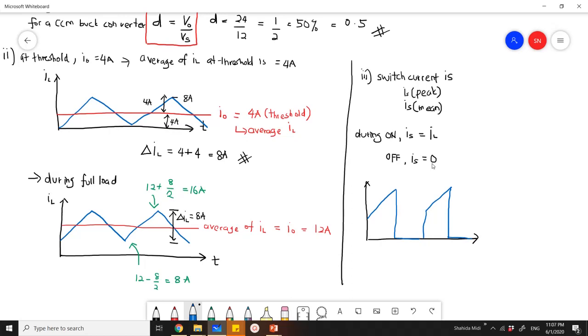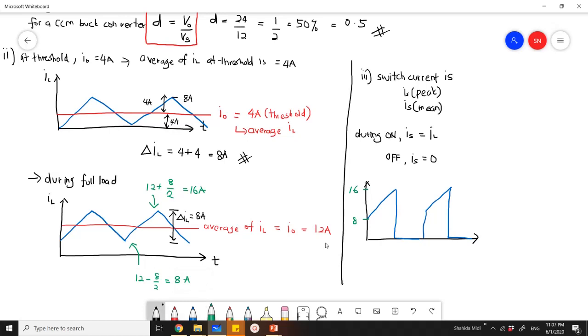Okay, so this waveform over here, this slope is actually copied from here. So when we copy it from here, we can also copy the maximum value 16 ampere and also the minimum value 8 ampere over here. Okay, so here this one will be 16 and this here will be 8.